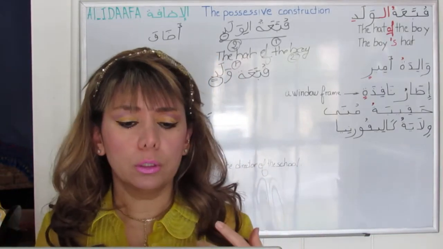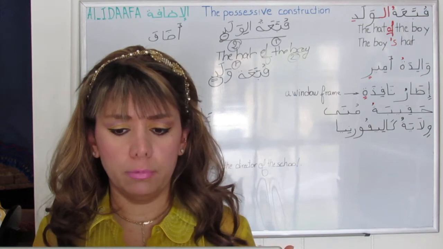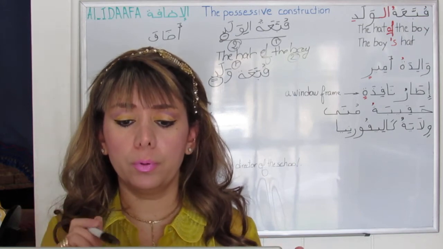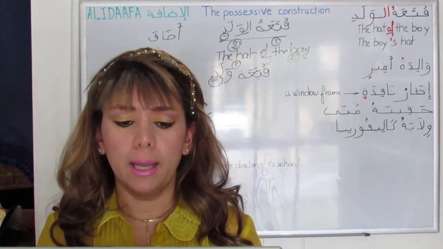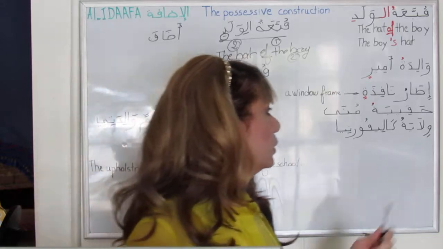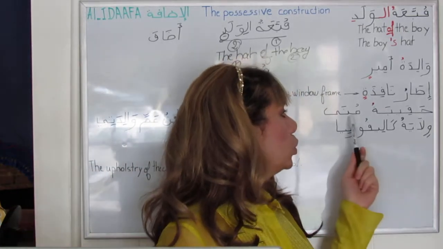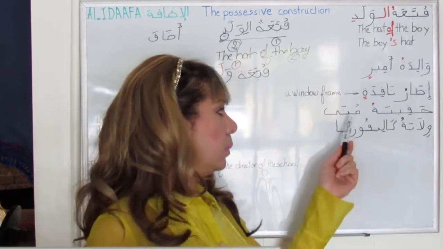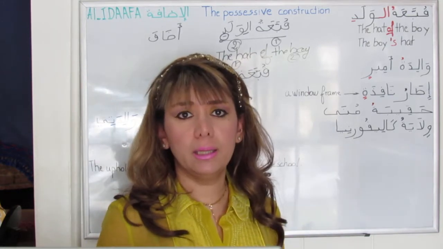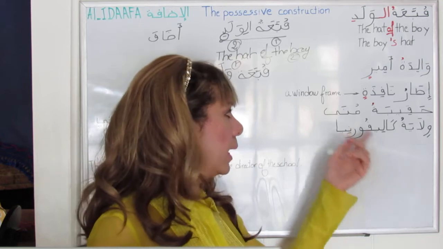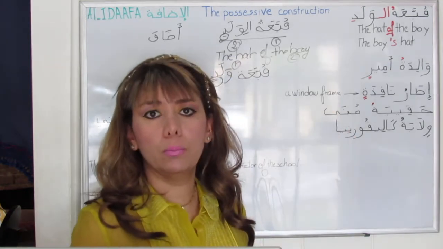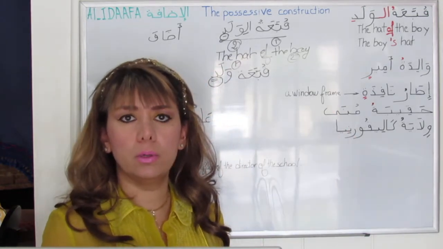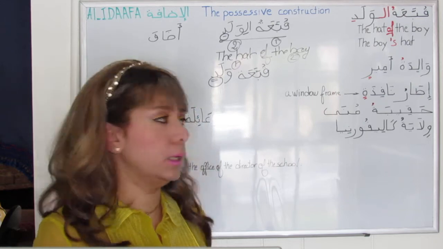So when the owner of the object is already a definite noun, such as a proper noun, you don't add al. For example, حقيبة منى. حقيبة, handbag. But we are not talking about any handbag. This handbag belongs to Muna. Muna is a definite noun. It's feminine, Arabic feminine noun.